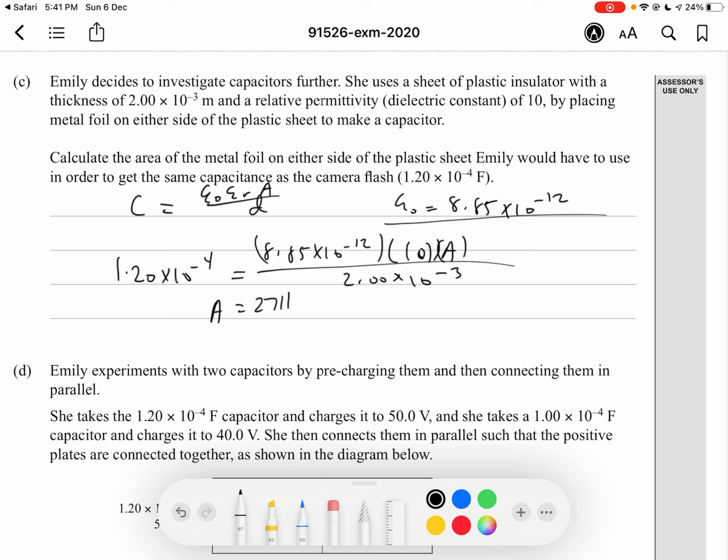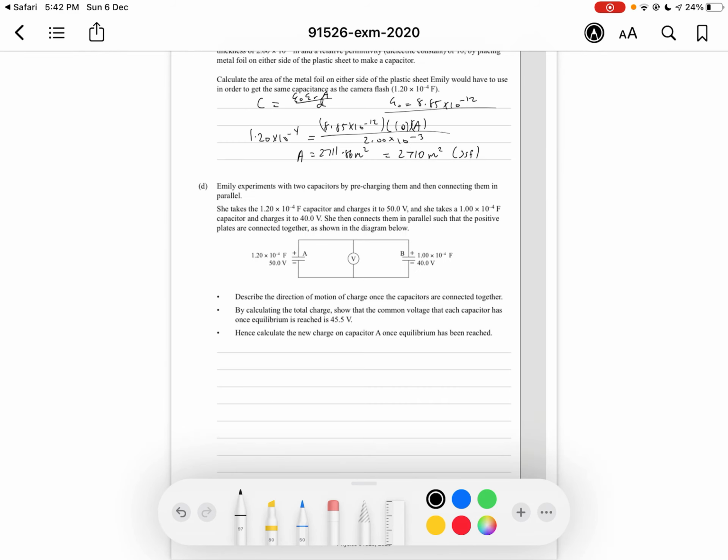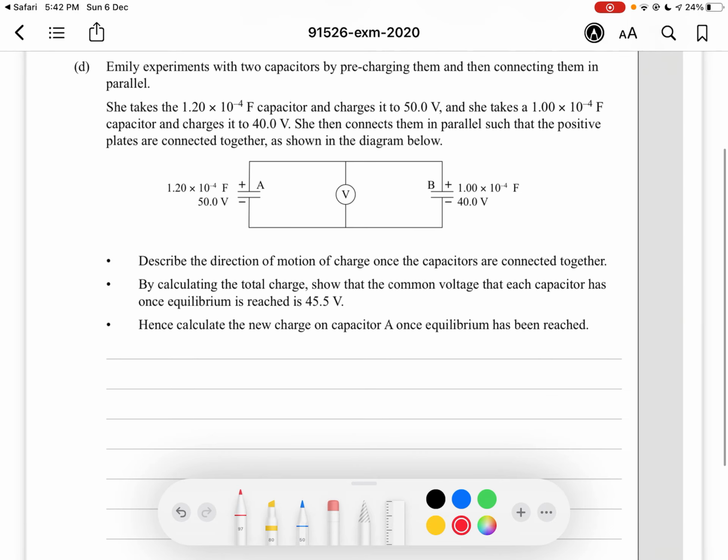Alright, so we should find that our area equals 2711.86 meters squared. We can round that to 2,710 meters squared, 3 SF. Alright, that should just be an achieved level question if I'm being honest with you.